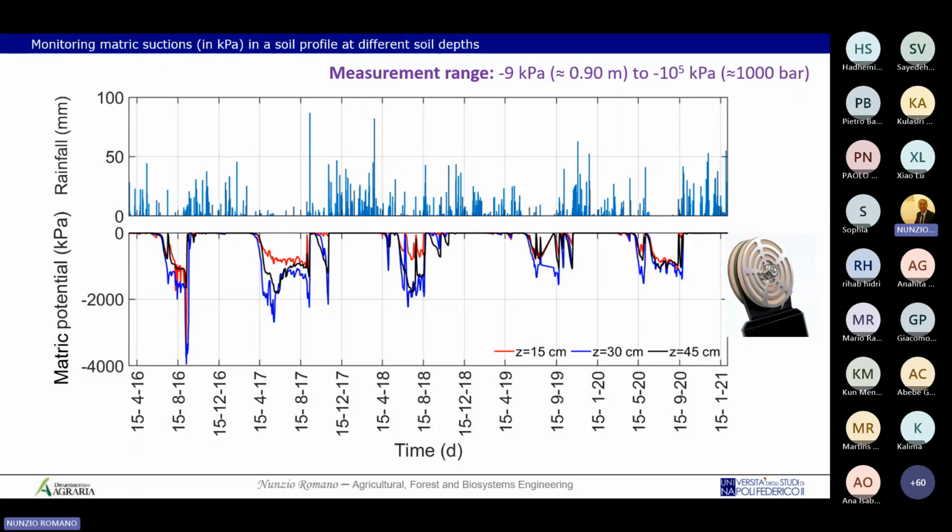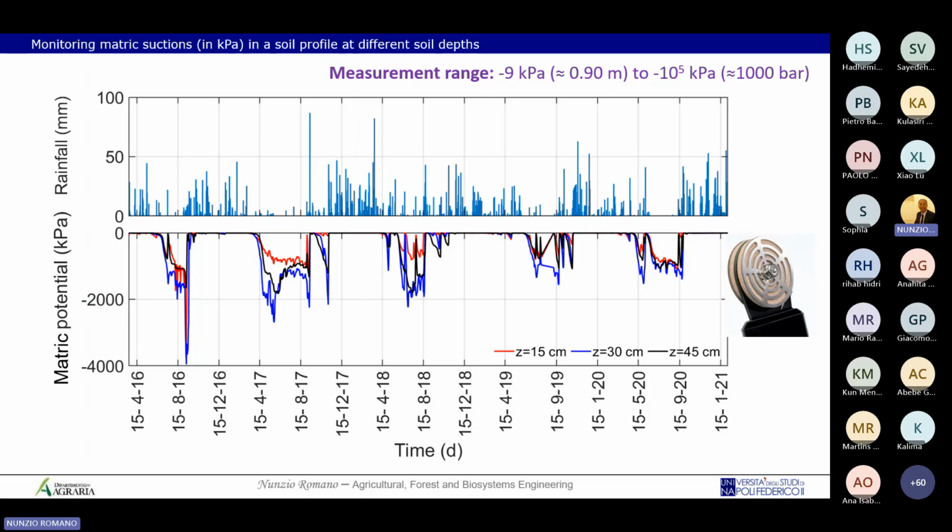One comment is about the measurement range, because this kind of equipment, even though I understand that the factory are improving this, this sensor is unable to measure the matrix potential in the wet part when the soil is relatively wet.